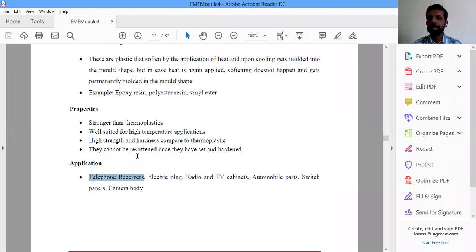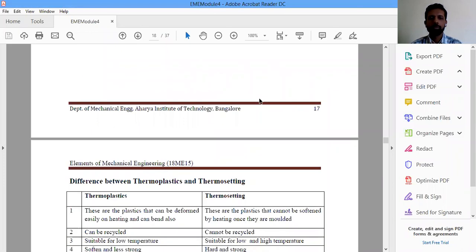That is why, whenever there is any kind of short circuit, the portion of the switch that is heated up will melt down, and that region of the plastic will become very hard and change its color. It cannot be brought back to its shape; it has to be thrown out. So these are made up of thermosets.